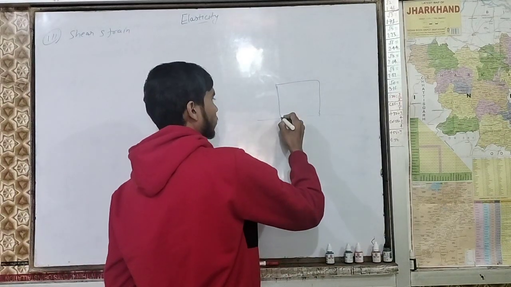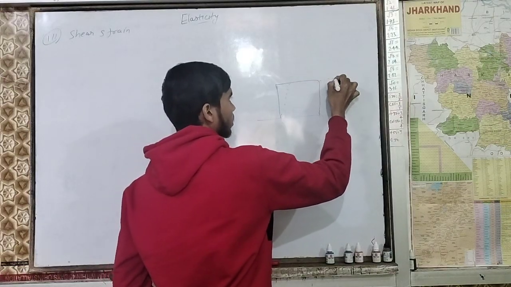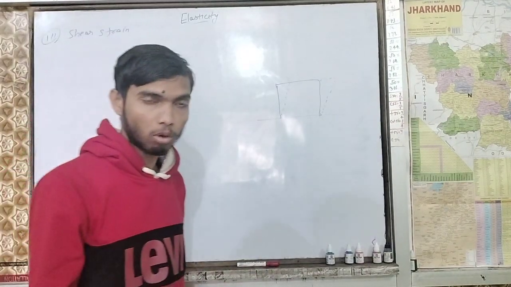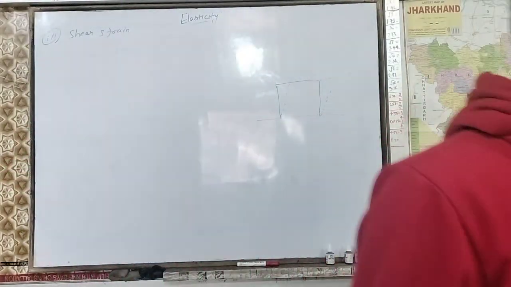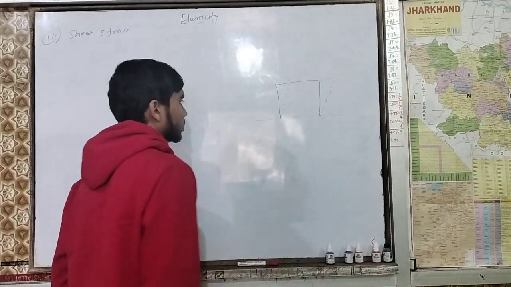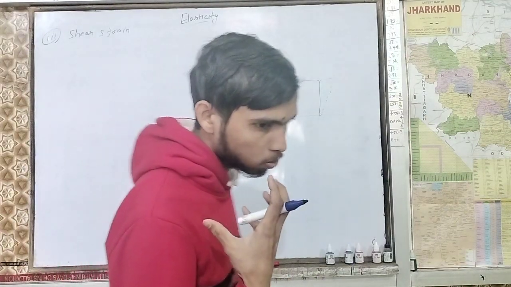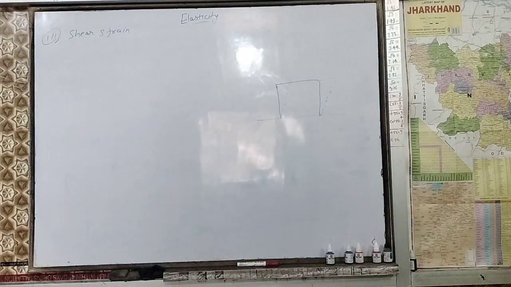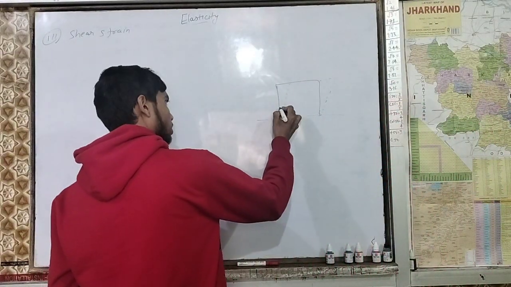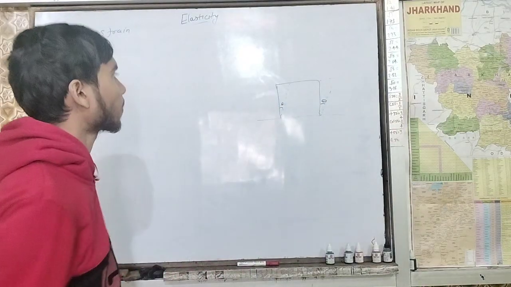When tangential force was applied, the top surface of the body became like this, but the bottom surface is the same. It didn't change its position, but the position of the top surface has changed, and that is what we have to calculate. This angle is theta and this is also theta, both are equal.